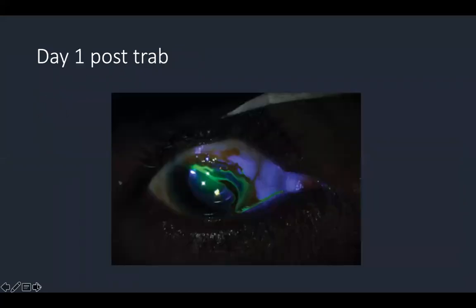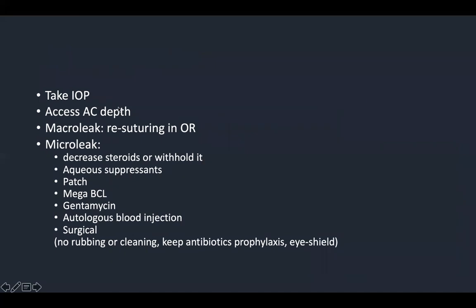This is day 1 post-trab. Day 1 leaking is not like the delayed leak, so early leak can respond to conservative measures. You have to assess the depth of the AC, because if it's too shallow with iridocorneal touch, it's an emergency. If not, you can observe with other measures like decreasing the steroid or withholding the aqueous suppressants, patching, mega BCL, gentamicin, autologous blood, and then surgical treatment.